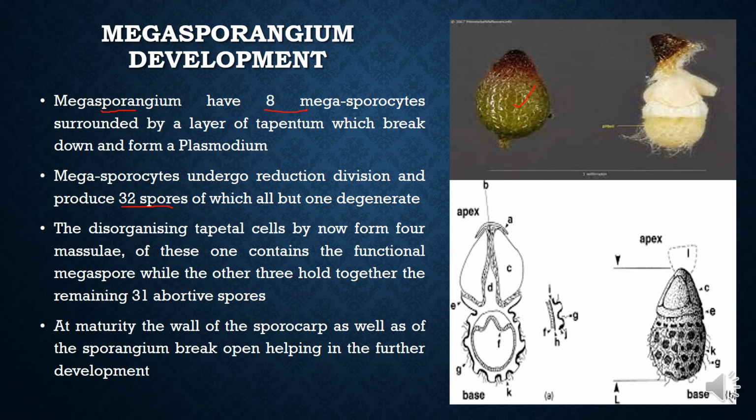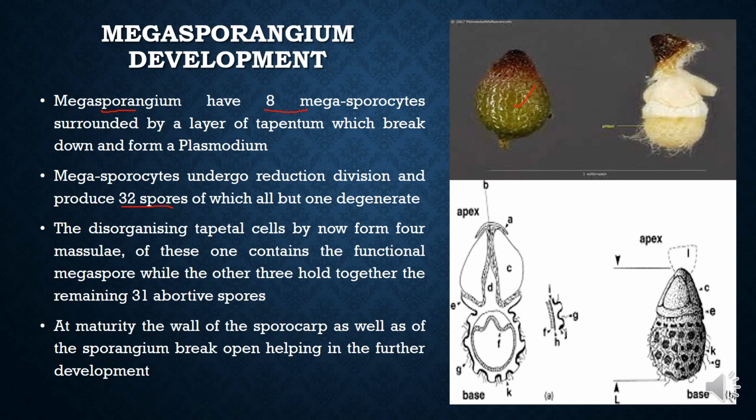But of all the 32 megaspores, only one is functional, all others degenerate. So any megasporangium at a mature stage will contain just one megaspore, though in the intermediate stage it might contain 8 megasporocytes to 32 megaspores.